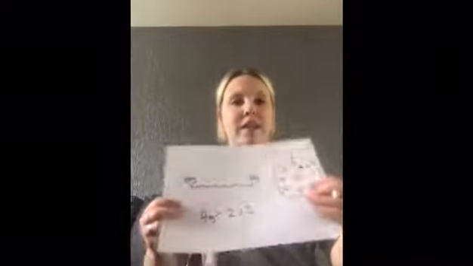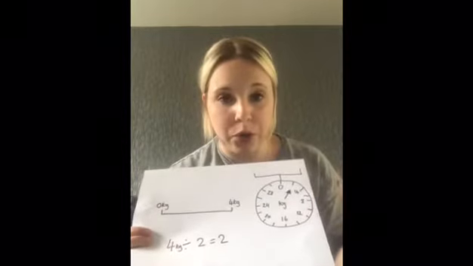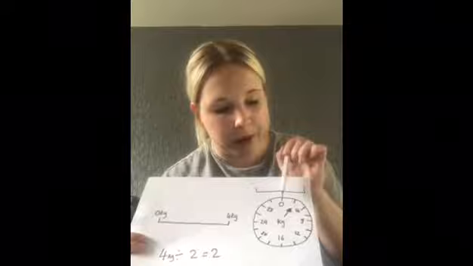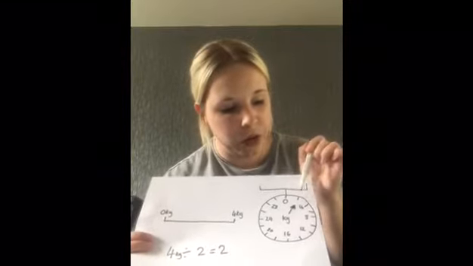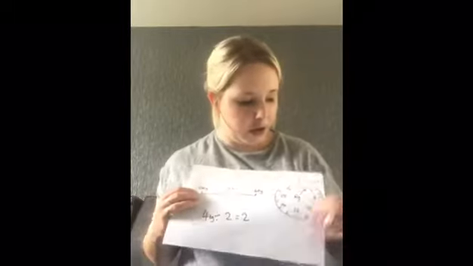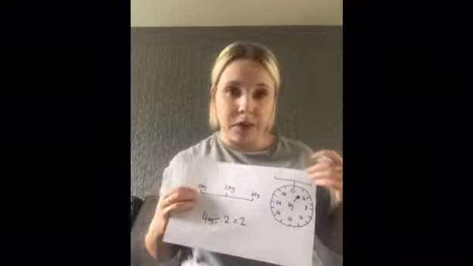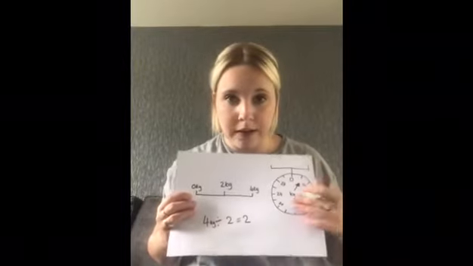So this means that each smaller interval is worth 2 kilograms, okay? So it goes 0, 2, 4. And I can draw this into my number line like this, okay? So now I know that each interval is worth 2, so this object must weigh 2 kilograms, okay?